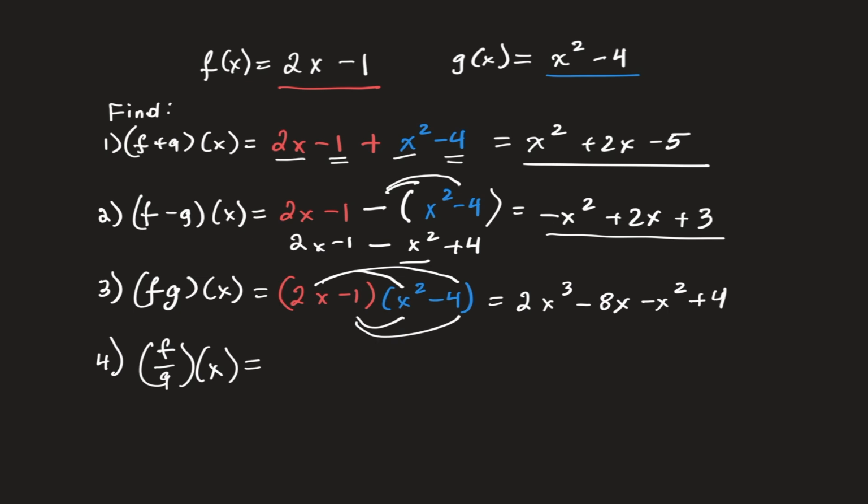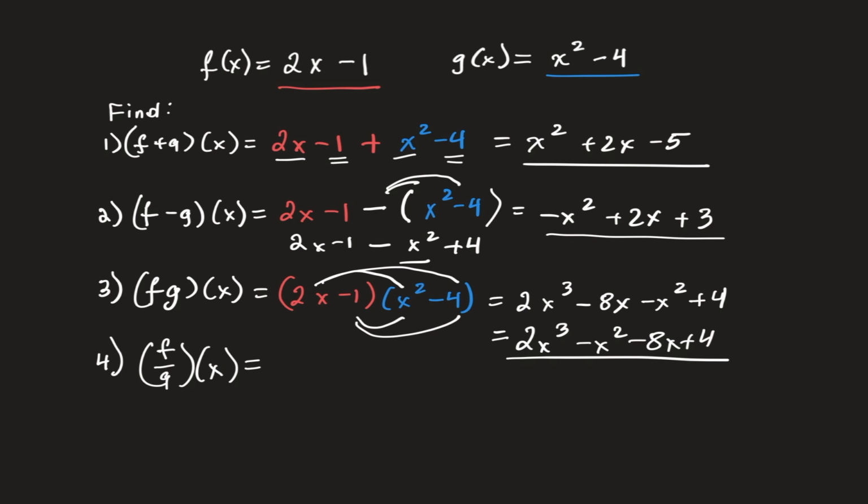So FOIL is first, outer, inner, last. In this case, notice there's no common terms to combine. There's nothing we can combine. So it's good practice just to rewrite it in decreasing order of powers. We have 2x cubed minus x squared minus 8x plus 4, which is our answer.